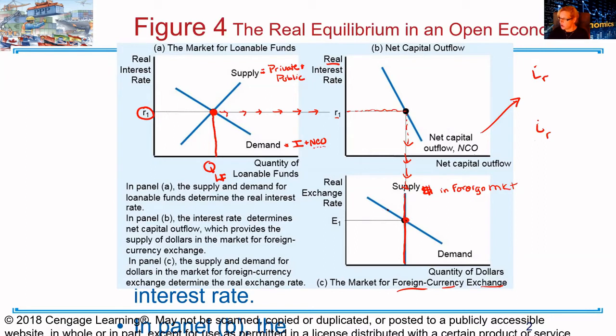And then we have the demand. This is going to be the demand right here, the demand for foreign currency. Where does that demand really derive from? It derives from net exports. Where those two crisscross will become our real exchange rate. So let's pick this apart, take it a little slower, and make sure you understand each panel.